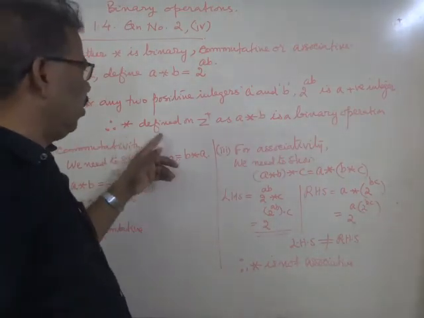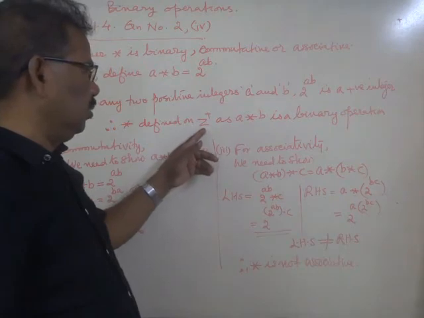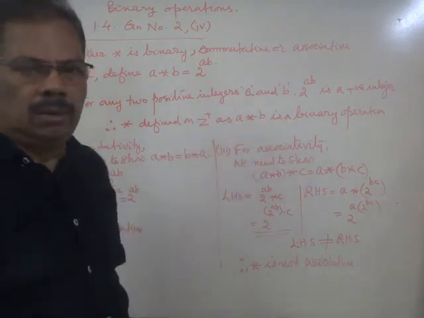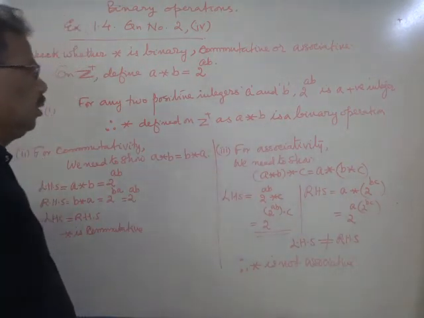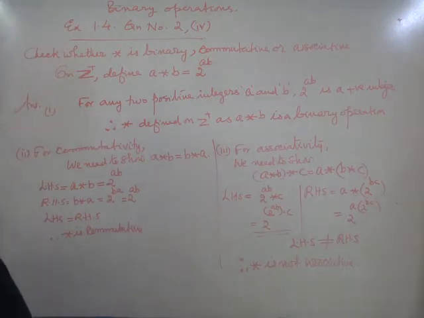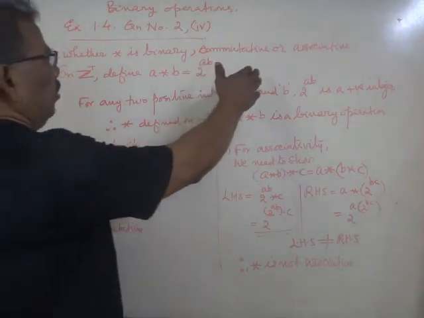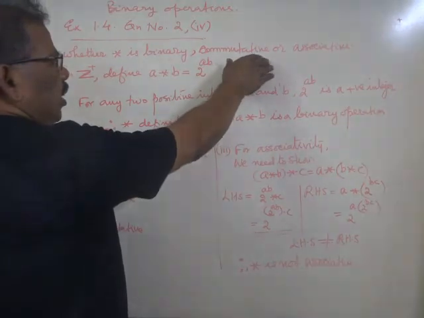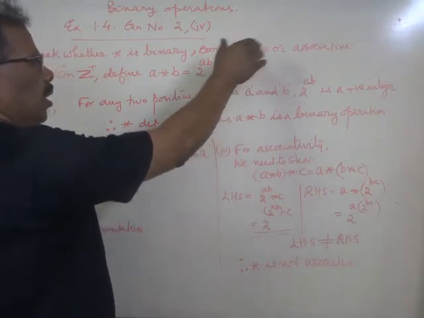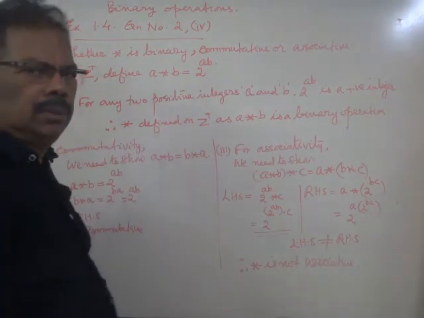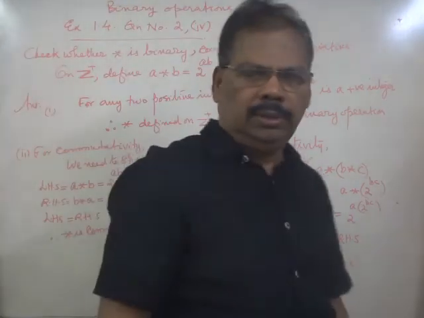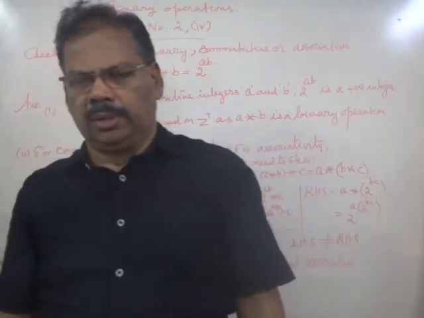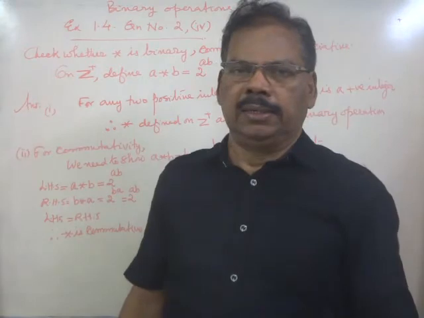Therefore, star defined on z plus is a binary operation. Then coming to the second part, we have to check whether it is a commutative operation. The operation is a binary one and you have to check whether it is commutative.